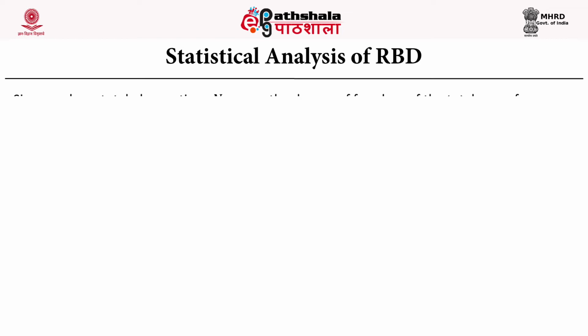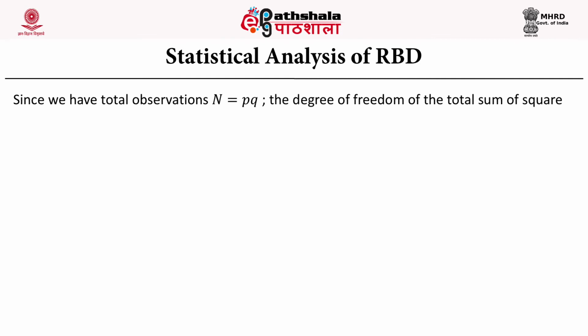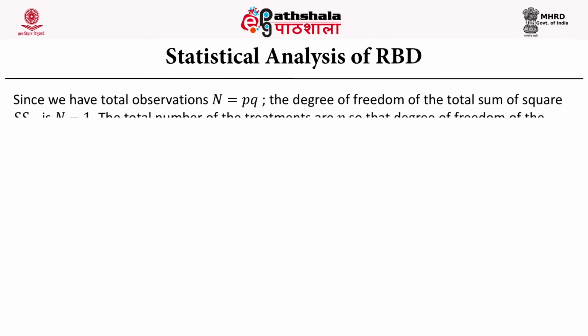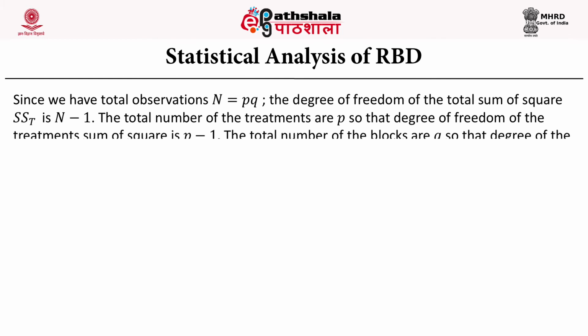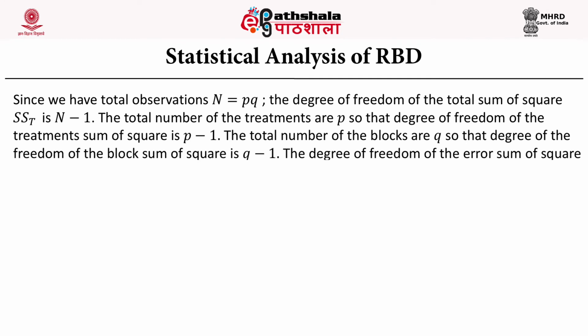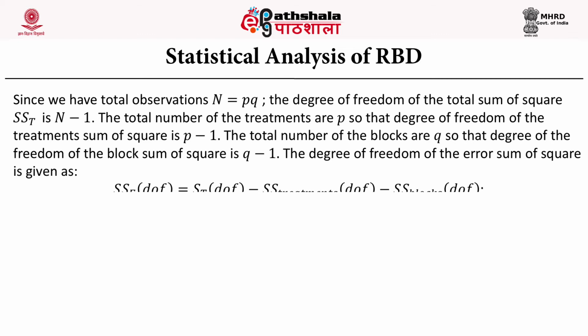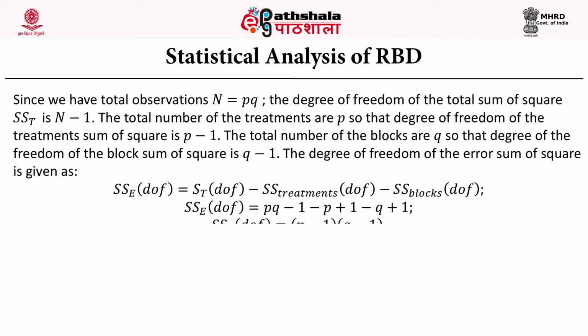By expanding this equation, we get the double summation of (y_ij minus y double dot bar) whole square, which is equal to q times the summation over i, from 1 to p, of (y_i dot bar minus y double dot bar) whole square, plus p times the summation over j, from 1 to q, of (y dot j bar minus y double dot bar) whole square, plus the double summation of (y_ij minus y_i dot bar minus y dot j bar plus y double dot bar) whole square, over i and j.